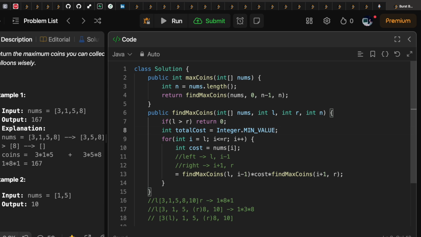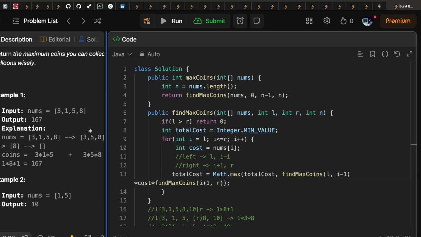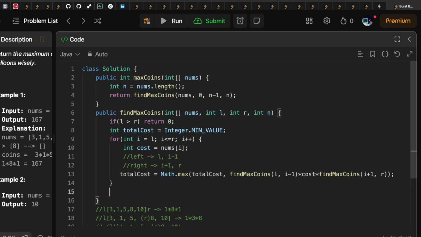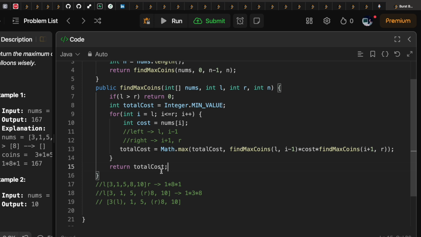We need to maximize the cost, so total cost will be math dot maximum of total cost and this value, and we will be returning total cost at the end. But we are not handling the case when we have nothing on the left.